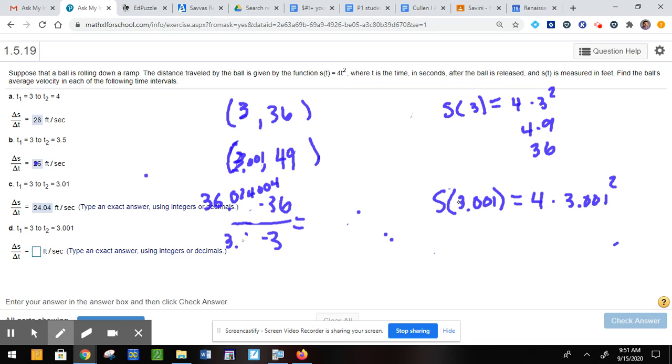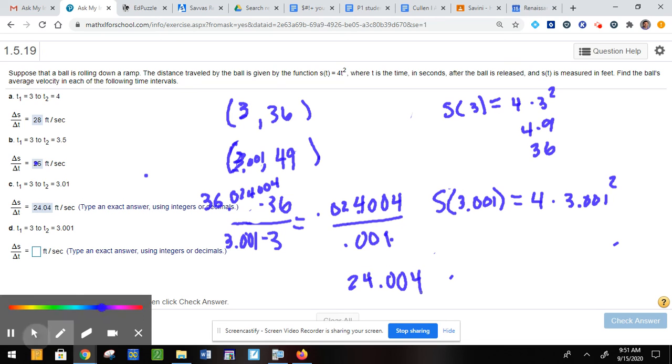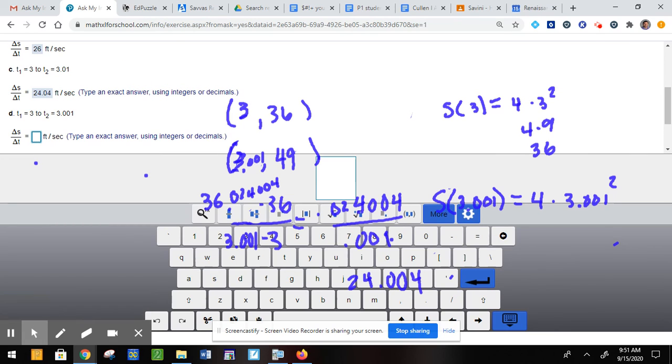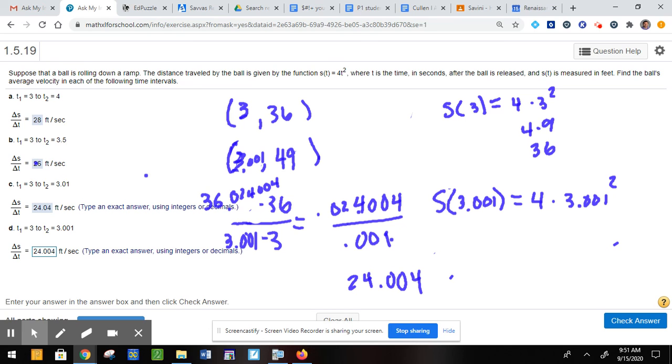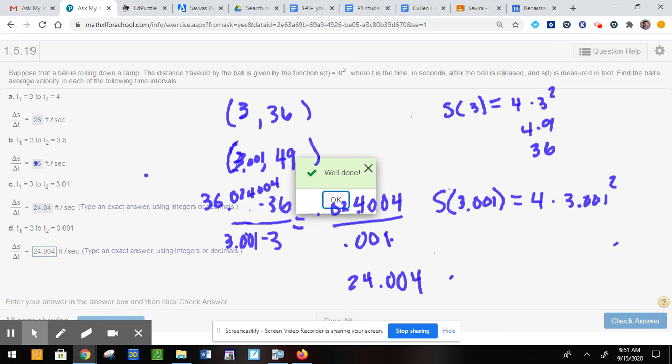And 3.001 down here. So you end up with 0.024004 over 0.001. So what will end up happening is the decimal moves 3 places, and you have 24.004. Okay, so then we're going to type that in. Check our answer, and we're good.